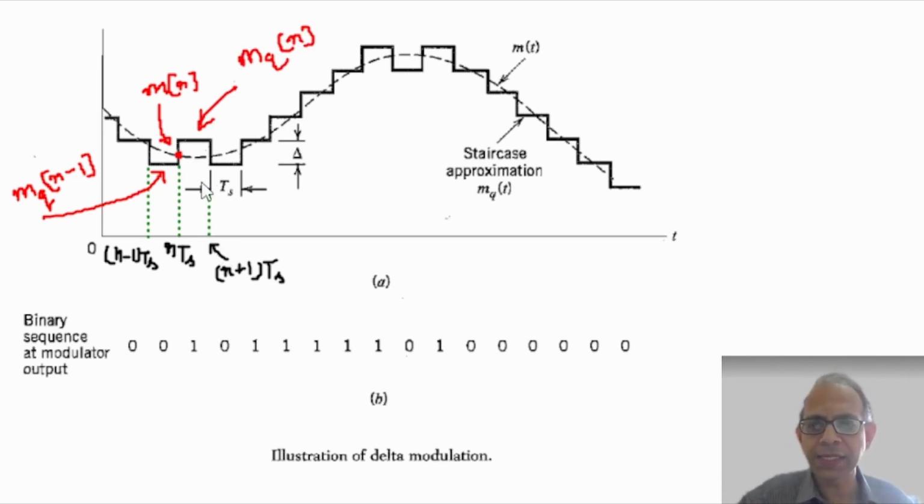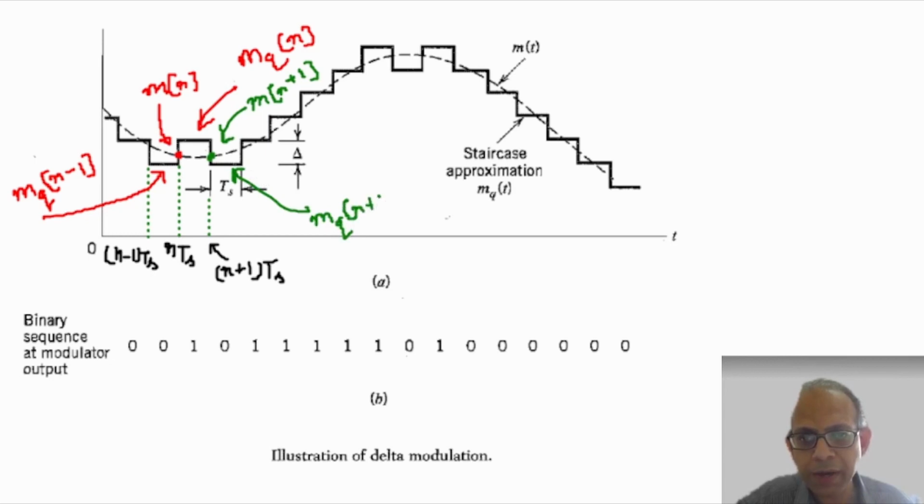Now at the next sampling instant, observe that this is the actual sample value m[n+1]. The predicted sample value is mq[n]. The difference m[n+1] minus mq[n] is negative. So the prediction for the next sampling instant, which will be mq[n+1], is mq[n] minus some fixed delta.